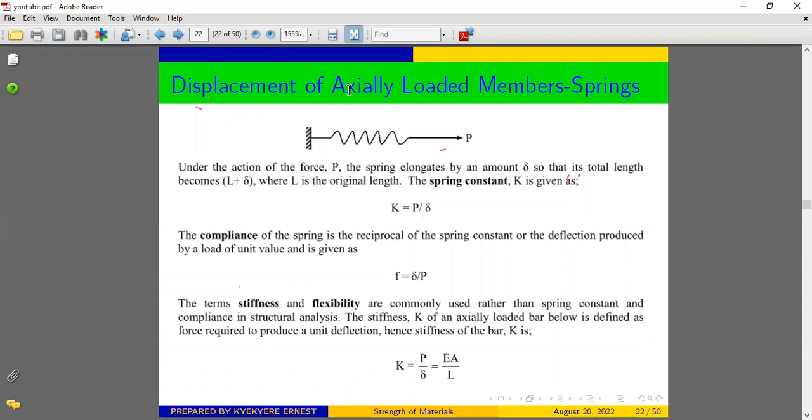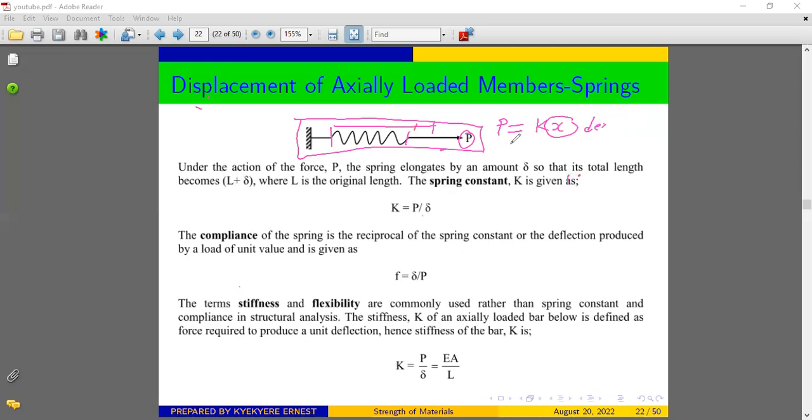If I have a spring, and the force P has been applied to the spring, then from springs, we know that the force applied P will be equal to Kx, where this x is the deformation in the spring. The original length minus the new length when the force is applied will give us the value of our x, which is going to be our deformation.